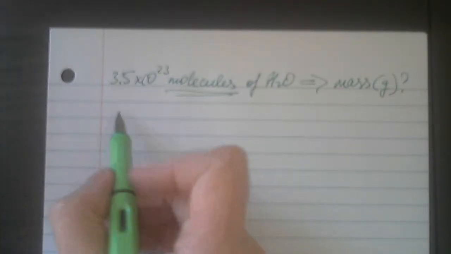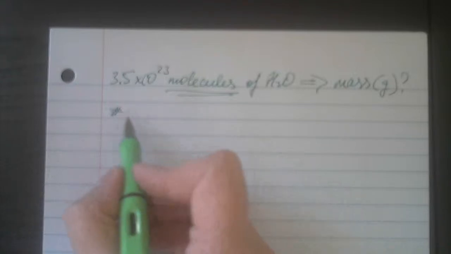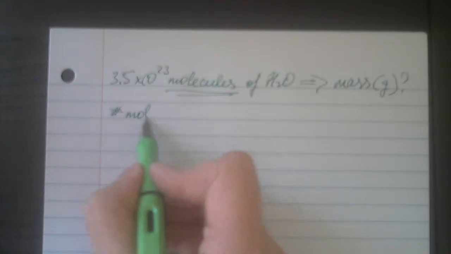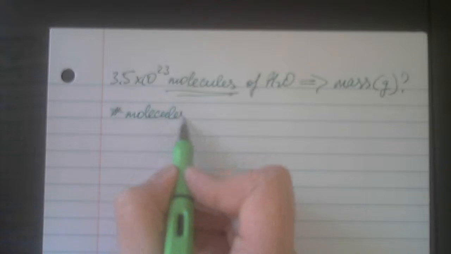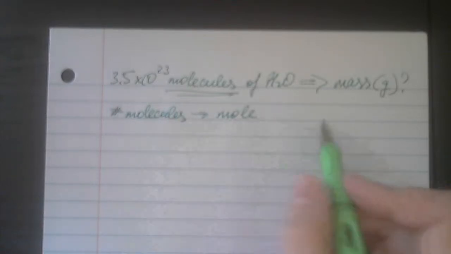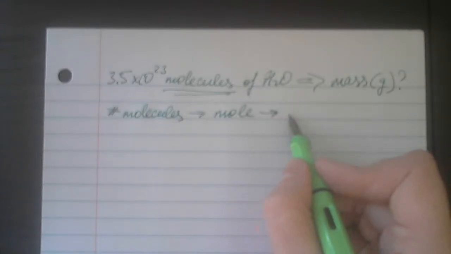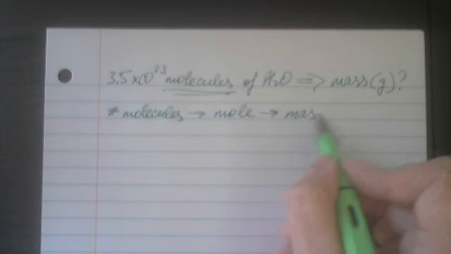Once again, we start with the number of representative particles. This time it's molecules, number of molecules. We convert it into number of moles, and then we convert it into the mass expressed in grams.